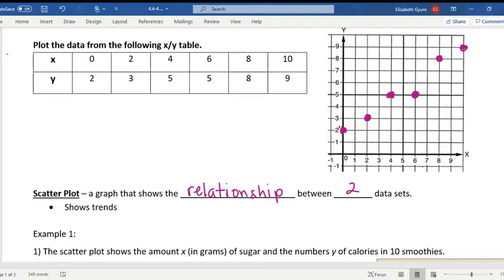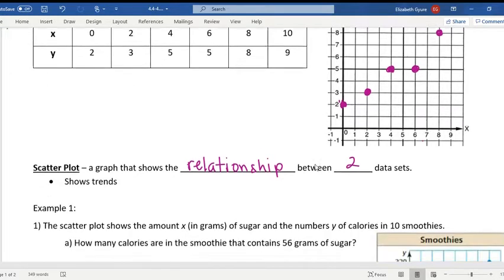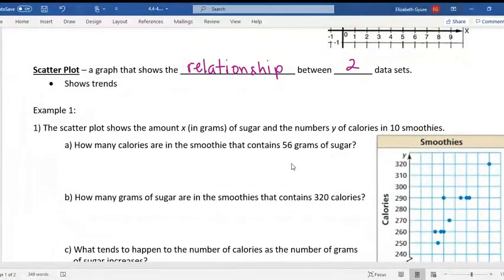Maybe the amount of rainfall versus the amount of snowfall. I don't know. It could be really anything, right? Anything that can be represented with numbers. So the number of hours you work versus how much money you make, right? As long as you have two things that can be represented numerically, you can compare them in a scatter plot.